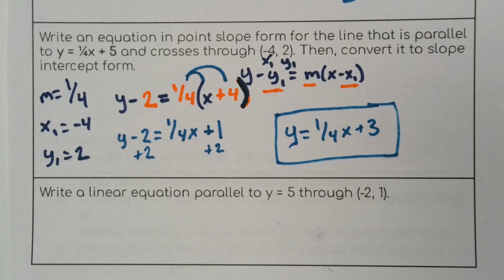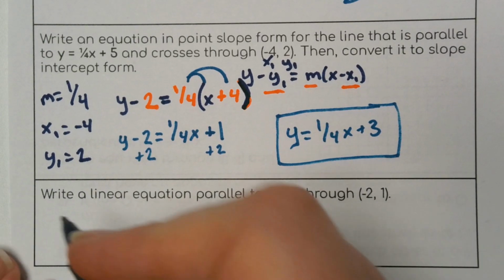Alright, next one, we want to write a linear equation parallel to y equals 5. We do not have a slope defined in this one, okay? So if we have no slope, aka a zero slope, that's what's called a horizontal line.